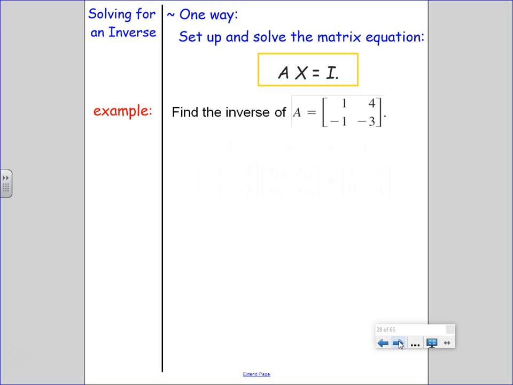Let's check out one. It just says one way because we're going to see one. One way is to set up and solve the matrix equation.